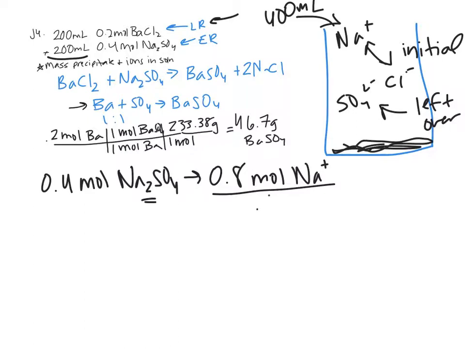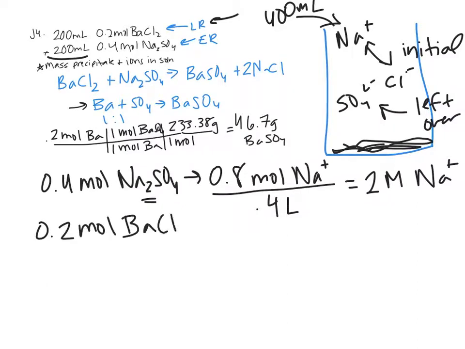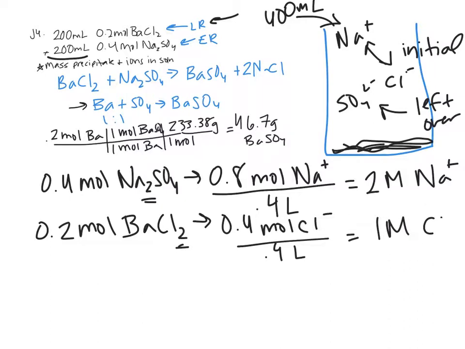So I divide by 0.4 liters, so that is 2 molar for the sodium. Then we have 0.2 moles of barium chloride, which is the same as 0.4 moles of chlorine, because we have 2 chlorines per. We divide that by 0.4, and we get 1 molar Cl-.